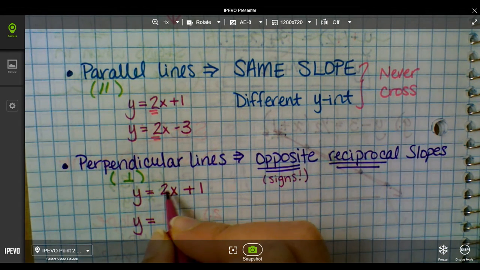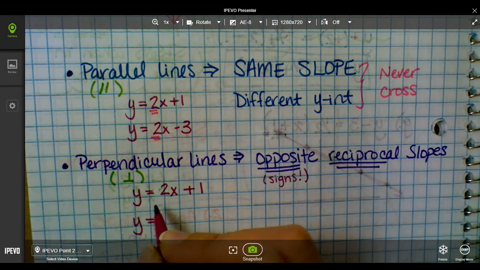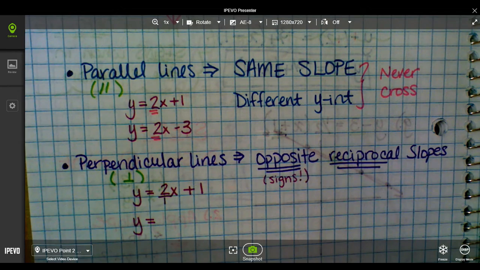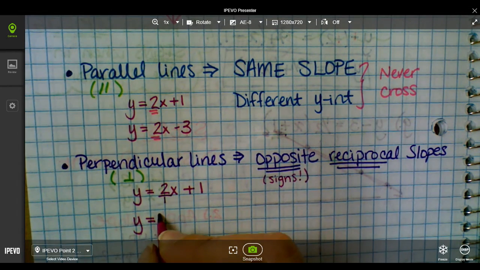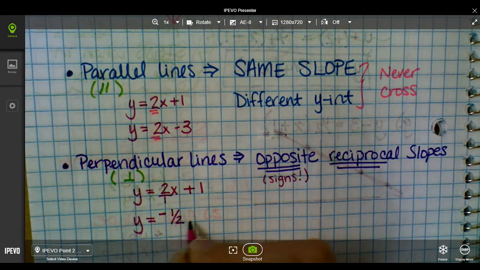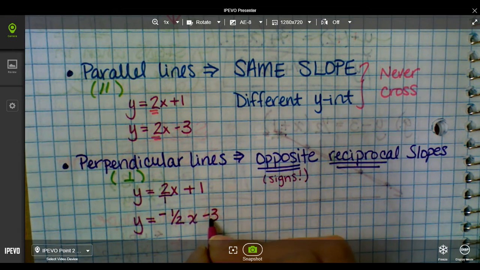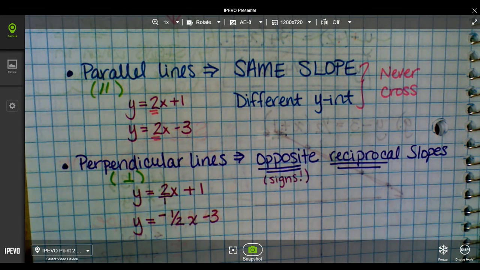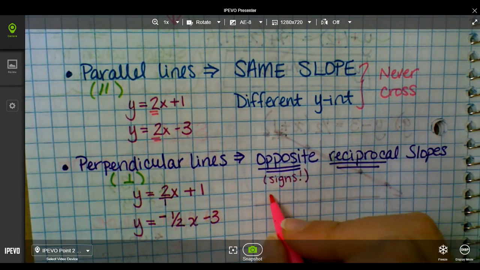So that means I want a negative slope for this one. And if this slope is 2 over 1, the reciprocal obviously means flip the numerator and denominator. So opposite reciprocal means I would have a -1/2 slope, and then it doesn't really even matter what the b is for that one.